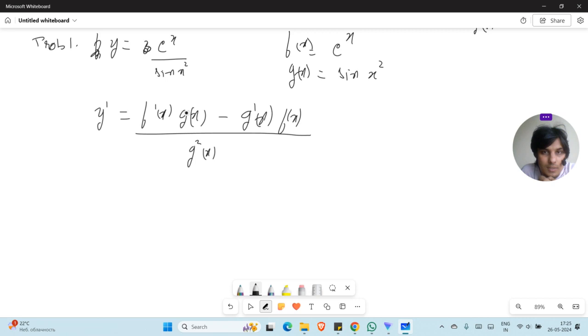So what is f(x) prime? We know the derivative of e^x is e raised to the power x, dot g(x), which is sin x square, minus, now the derivative of sin x square, what will it be?